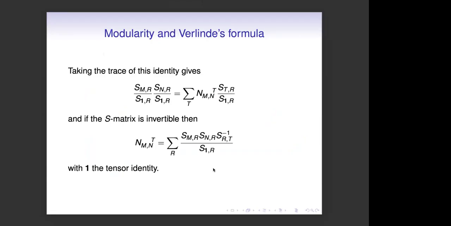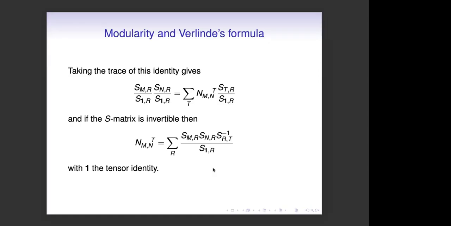The normalized S matrix entries, normalized by the identity S matrix index, obey the fusion rules of the Grothendieck ring, which is exactly the statement that they give you one-dimensional representations of the fusion ring. And by the way, these normalized S-matrix entries one also calls quantum dimensions.